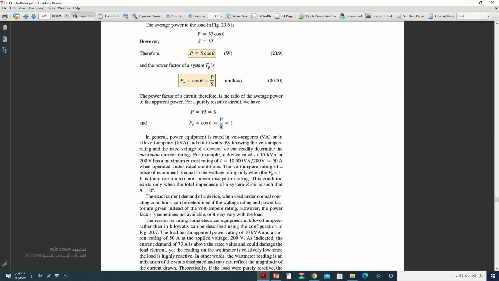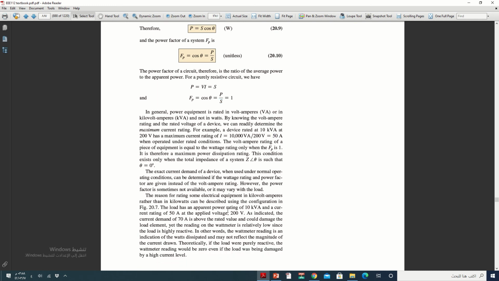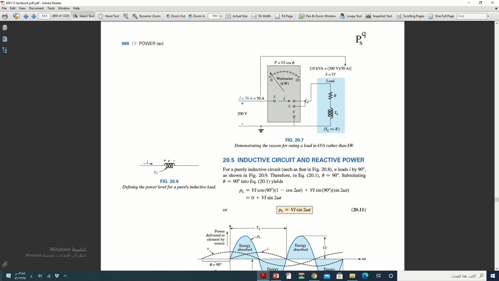In general, we cannot depend on the active power when we talk about the power of a machine. We need to mention the apparent power. For example, if this equipment draws 50 amperes, and we put the ammeter and find it draws 70 amperes, we know that the machine is more of an inductive load.